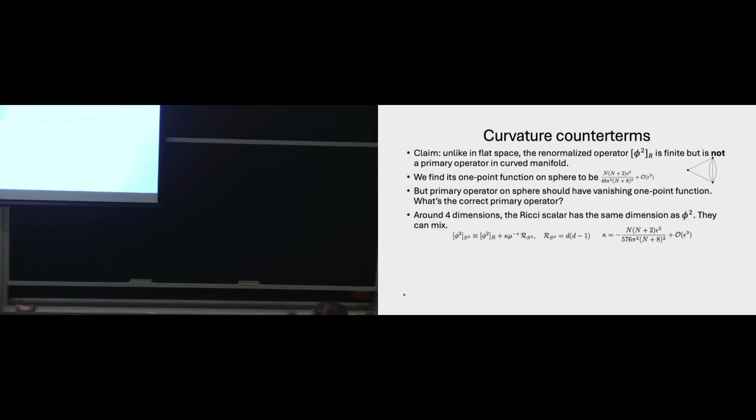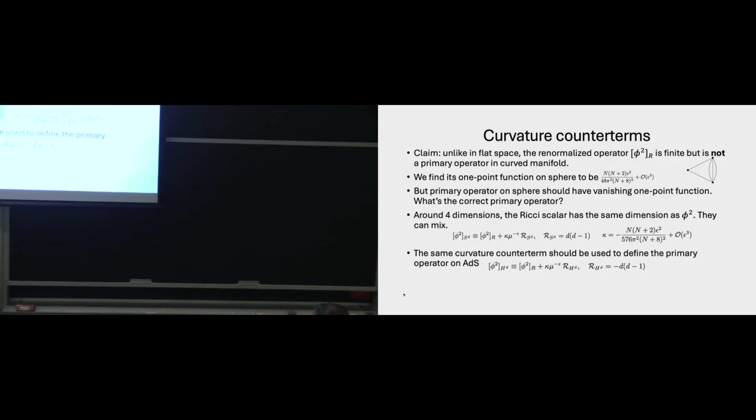Since we already computed the one-point function of this one on the sphere, we can get the coefficient kappa. And because it's a curvature invariant, the definition of a primary operator on AdS should be similar. We just need to change the sphere curvature to AdS curvature. So the R difference is a minus sign.